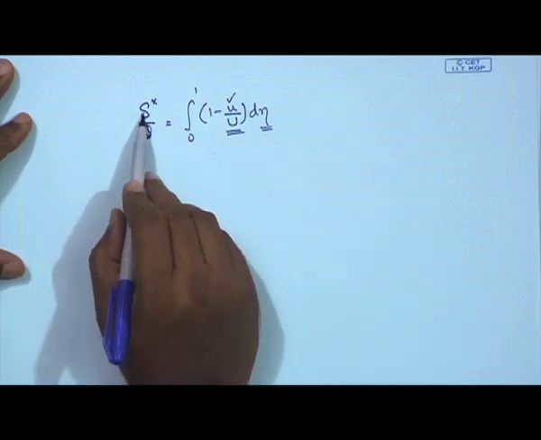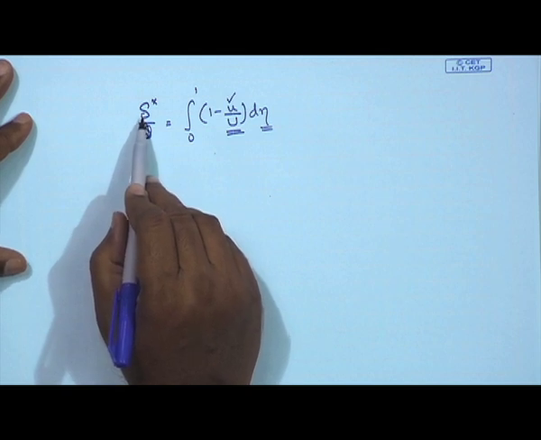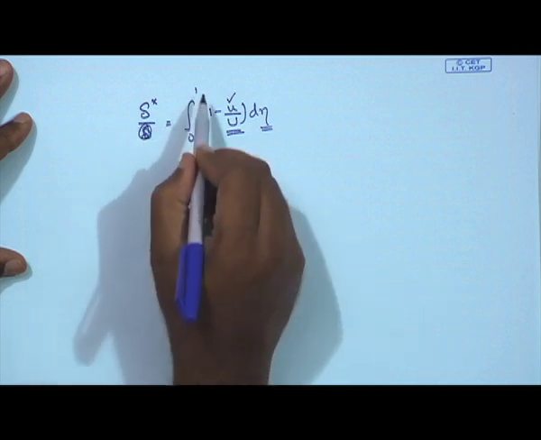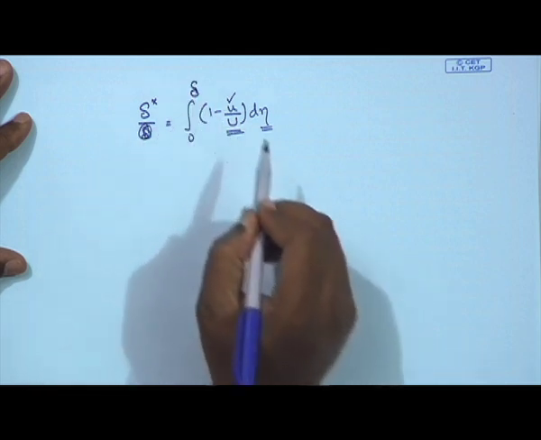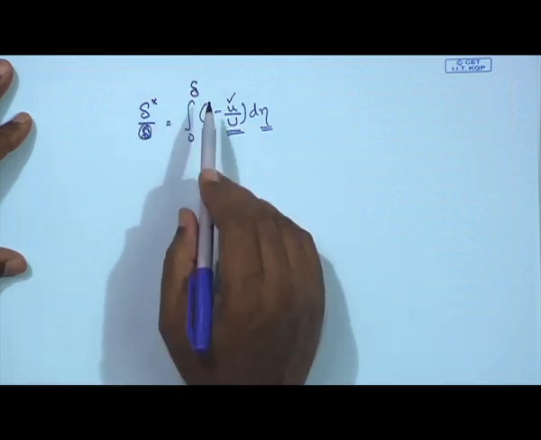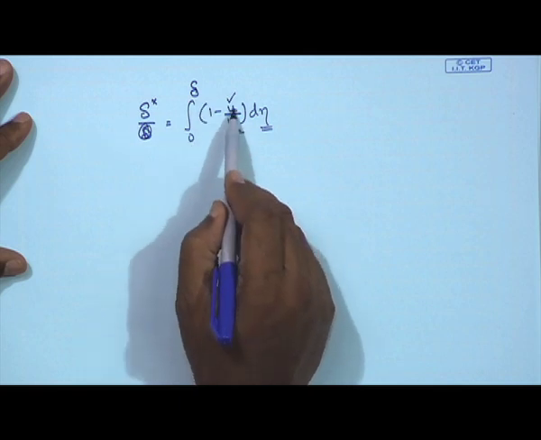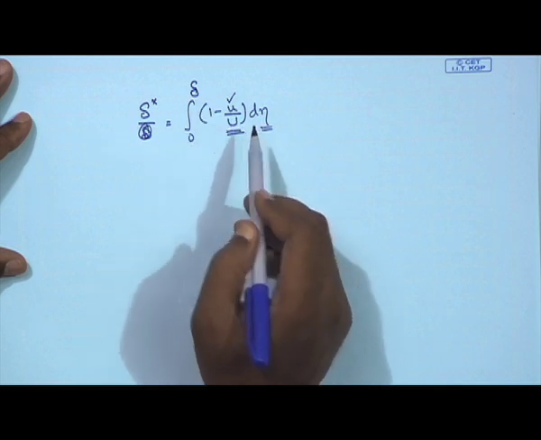If I make it from 0 to delta, it would be easier to understand. Delta star is the integral from 0 to delta of (1 minus small u by capital U) d eta.